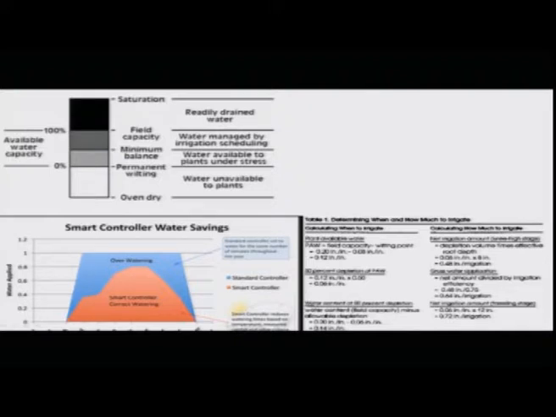Now, when you look at it, what is the saturation? Once the rainfall falls, the top layer is saturated, that means 100% water is available, and at the same time the rainwater starts moving down, and this is the place where the root zone is available.